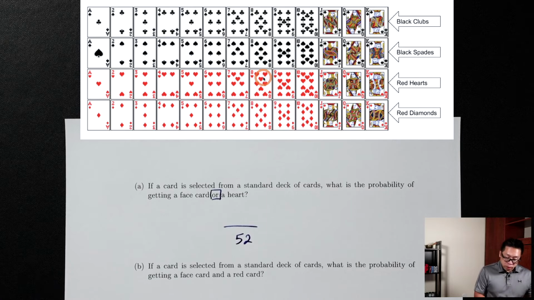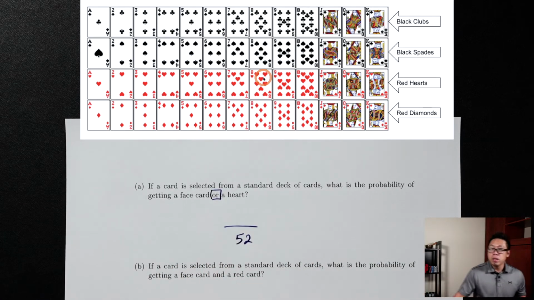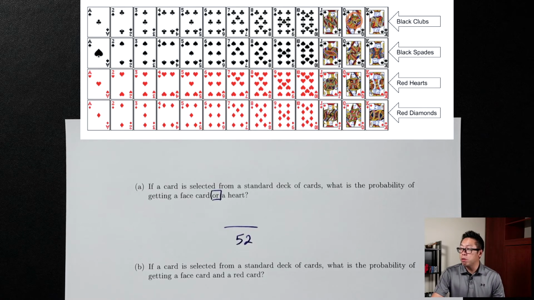Now, the or means I want to take all my face cards and then combine them with all the hearts. So all my face cards will be the last 3 columns together with all the hearts, which is this 3rd row. So all my face cards together with all the hearts, making sure not to count any cards twice.